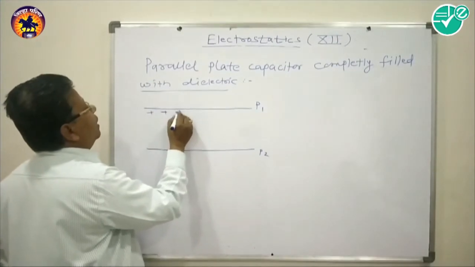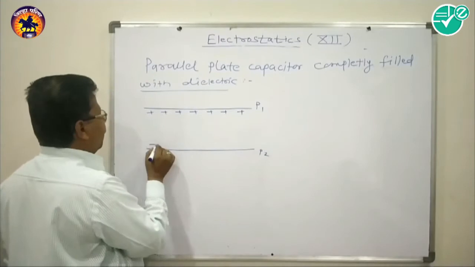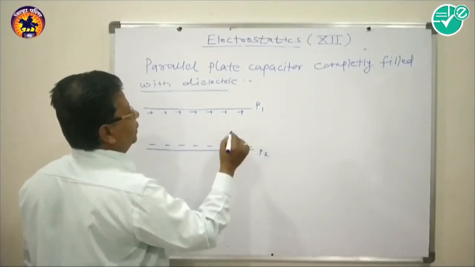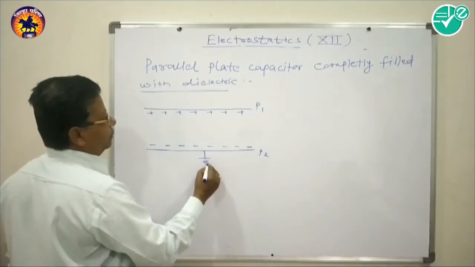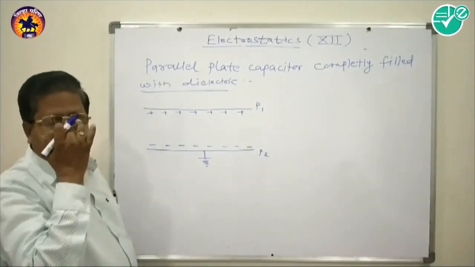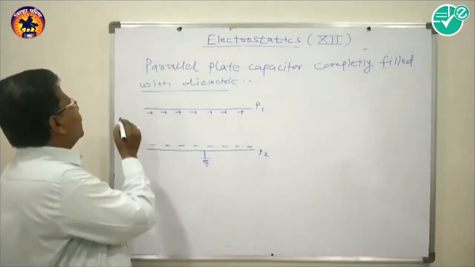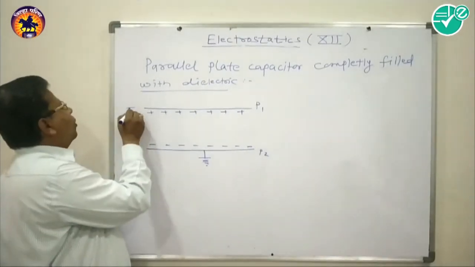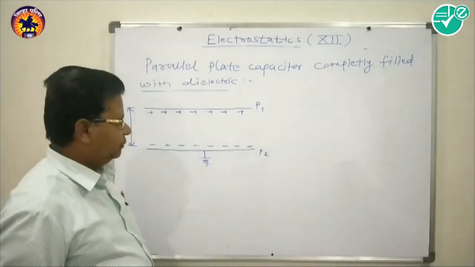Positive charges are present on plate P1 and negative charges equal in amount are present on plate P2, and this plate P2 is connected to the earth. Again, let us suppose that small d is the distance between the two plates.